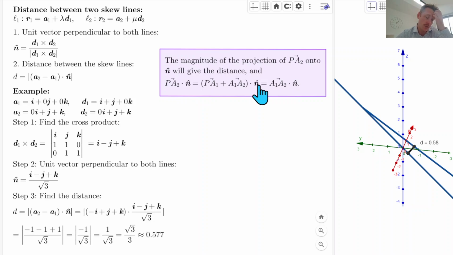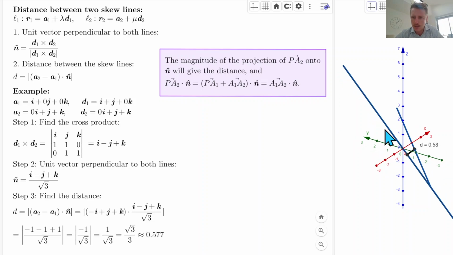It's hard to explain, but that's the reason. It's in the Specialist 3 and 4 textbook if you want to see a picture of it, which will help you understand why the distance between two skew lines is given by this formula.